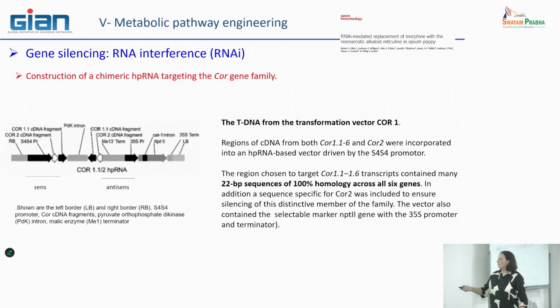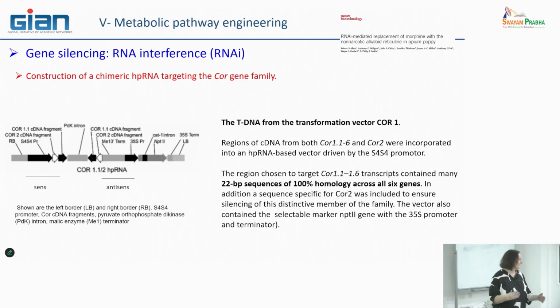This construct is always bordered by a left and right border, so now we know why this has been included in a Ti plasmid of Agrobacterium. Plants have been transformed with this Agrobacterium, and lots of transgenic plants have been generated according to this method.